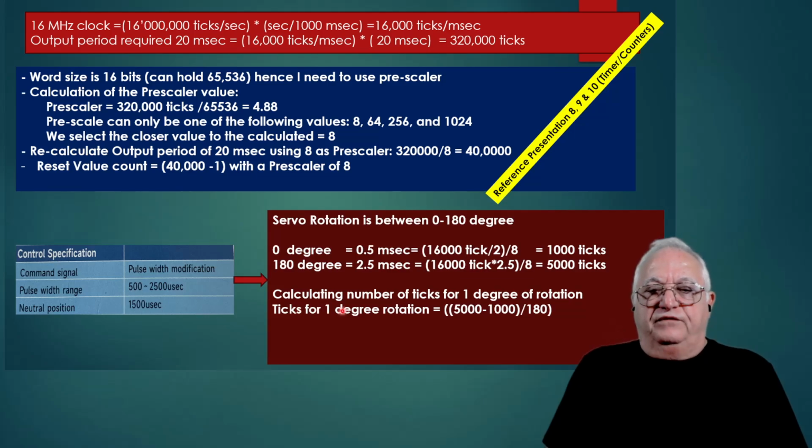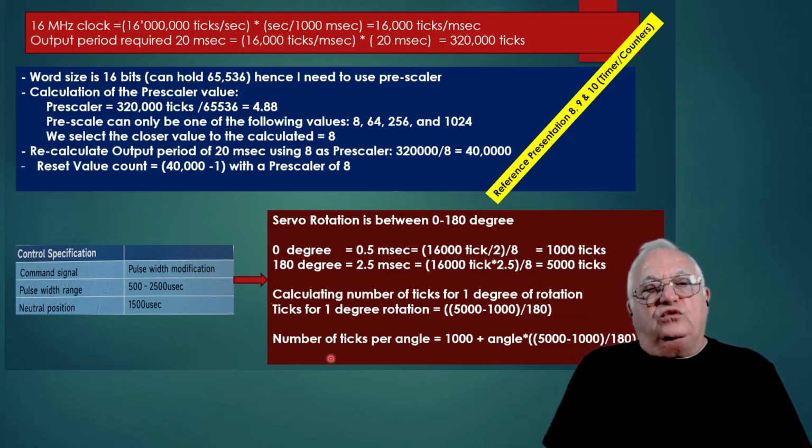So I have ticks for 1 degree rotation is, I need to figure out all the ticks that cover between 0 and 180, which would be 4,000, and then I have to divide it by 180.